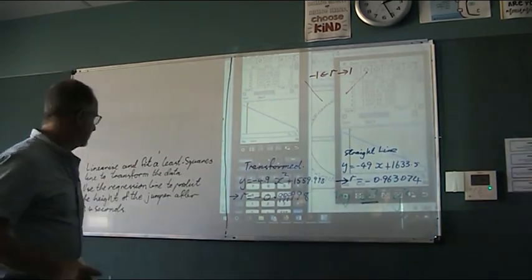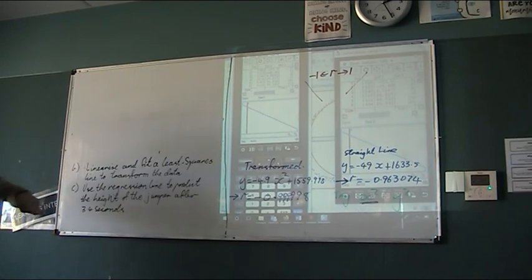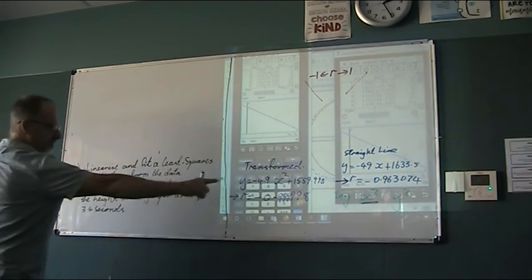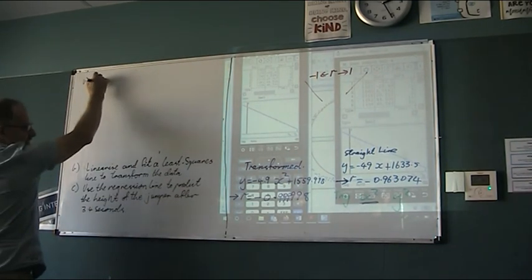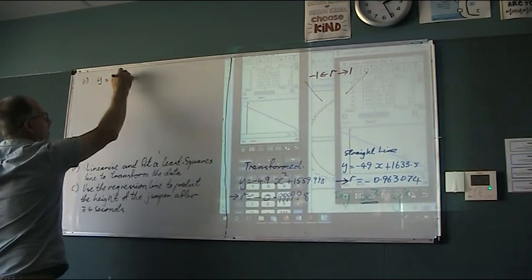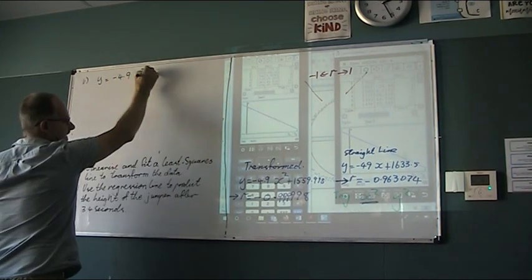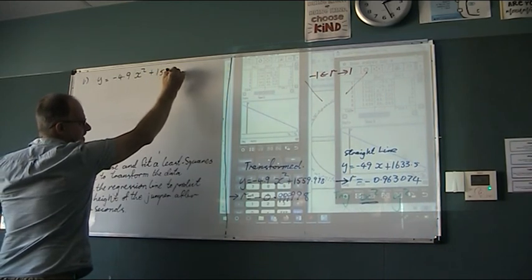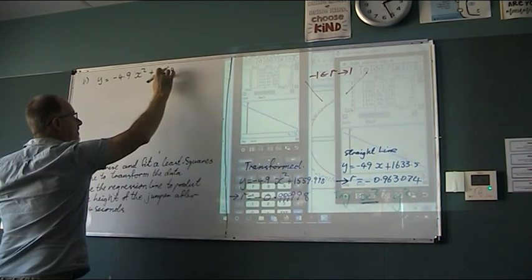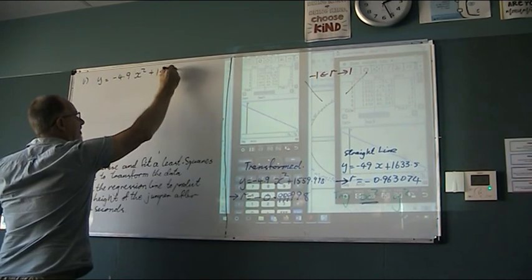So what's the next bit say? Linearise the data, done that, find the squares line. All right, so I need to find what I've written here, part B. I've got y equals negative 4.9 x squared plus 1560, round it off.